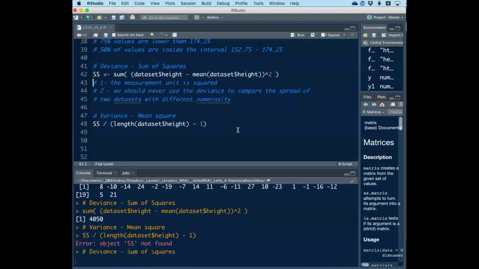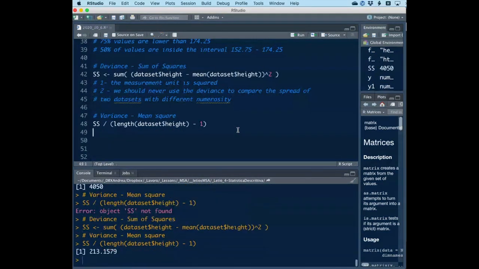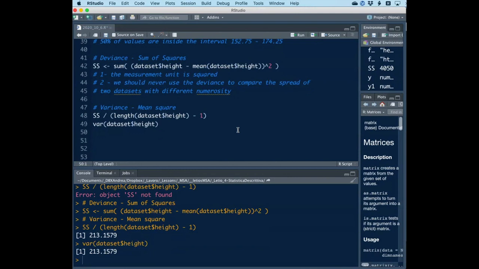Of course, there is a shorter way. That is simply to use the function var. Right, so you see it is the same. And of course you will prefer the command at line 49.